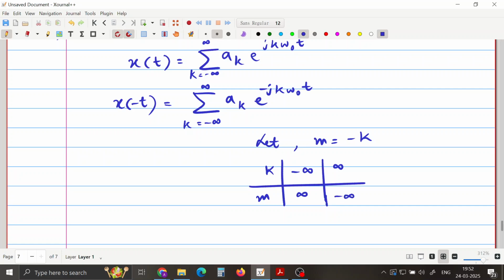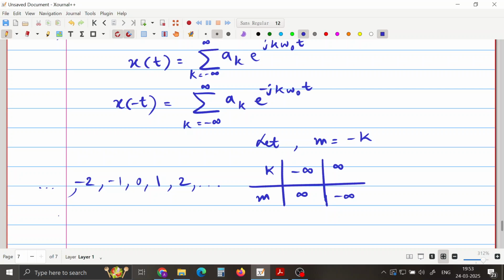But the range of values is the same. It does not matter whether you have the values minus 2, minus 1, 0, 1, and till 2, or from minus infinity all the way to plus infinity. If you flip the sign of each of these numbers, you still have the same range.